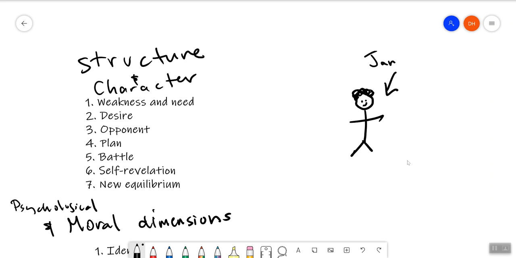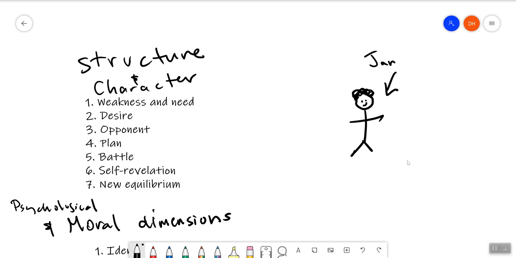Here the moral effects would be her moral need to realize that crime is not okay, etc., etc. So you see that the psychological needs necessarily build the moral need. Okay, and these are all inherent to the character, usually based on their backstory and their current situation.